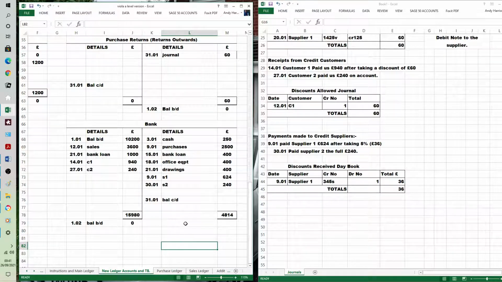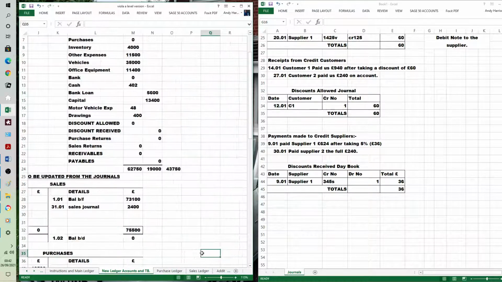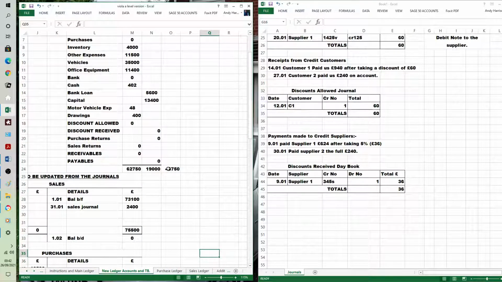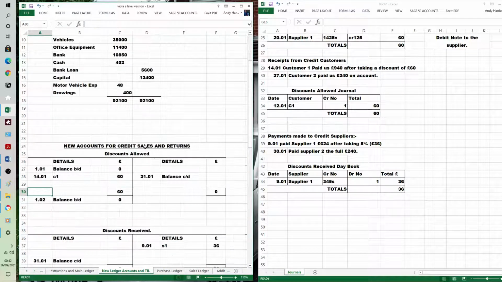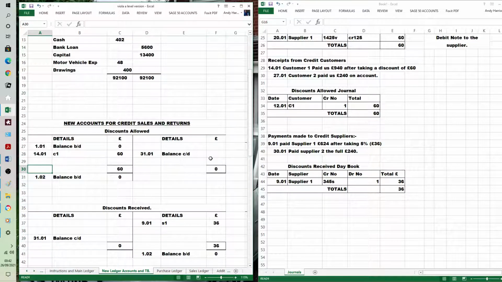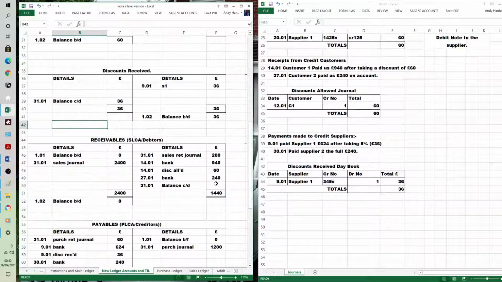So if we balance everything off, we can update our trial balance. It's set already to link, so this will get to 0 if I do everything correctly. If I don't do everything correctly, there'll be a mistake, and the fact that this doesn't balance will help me spot it. So discounts allowed, that's going to be easy. That's not going to take much adding up either. And neither is this.